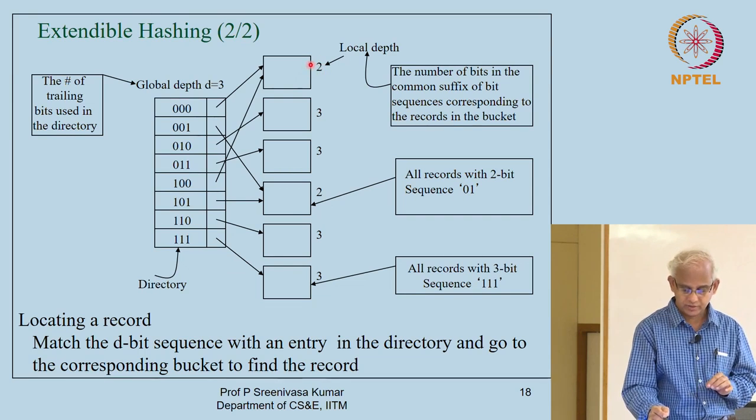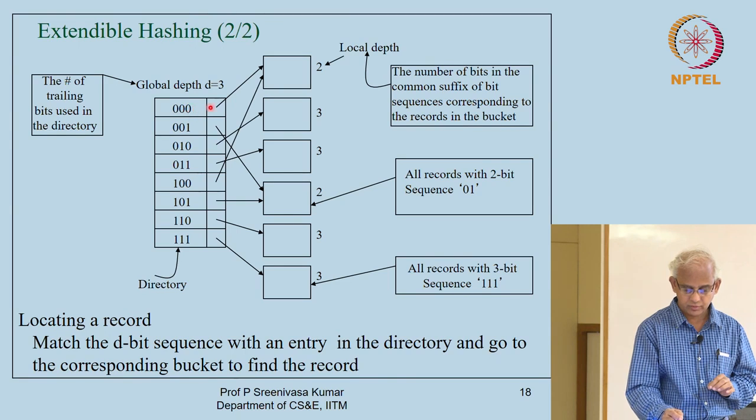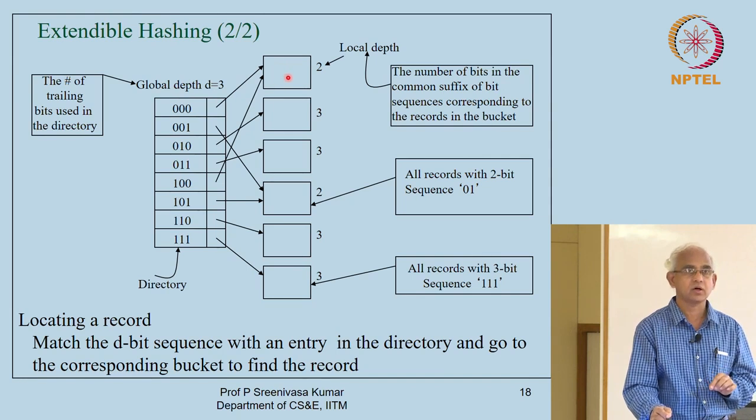What it means here is that records that have the bit sequence 000 and records that have bit sequence 100, both of them map to this particular bucket, and we can see that the common suffix for both of them is this 00, okay. So, the length of the common suffix is the local depth for this particular bucket.